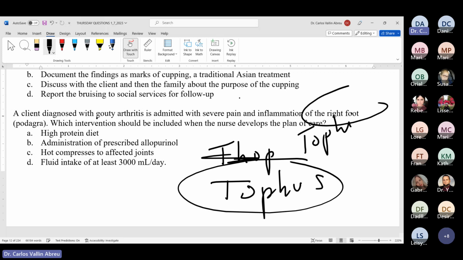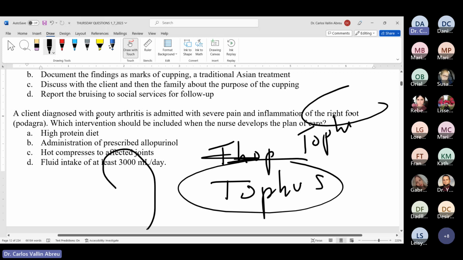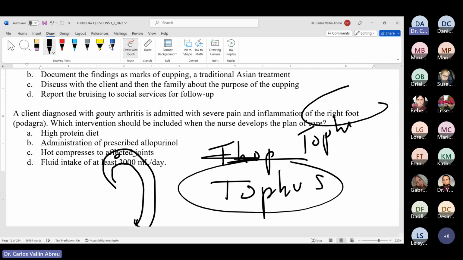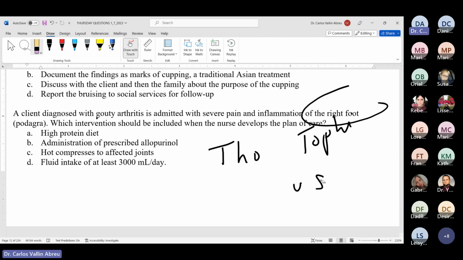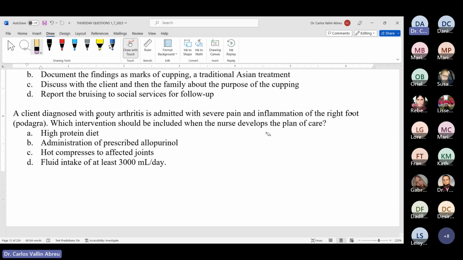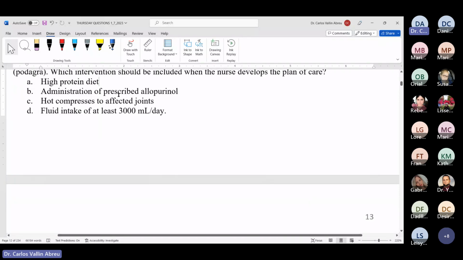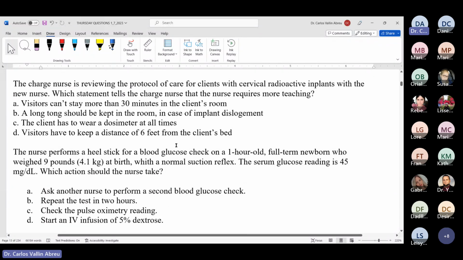And they can show you a picture in the ankle or ear with little things that look like pimples, like pus, but it's not that. It is uric acid, and these are tophi. Okay. This is what has been tested most frequently about gout in NCLEX. Study gout because it's frequent in your NCLEX.